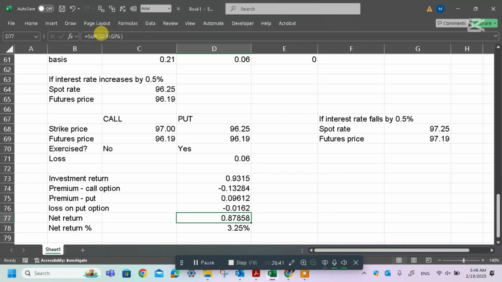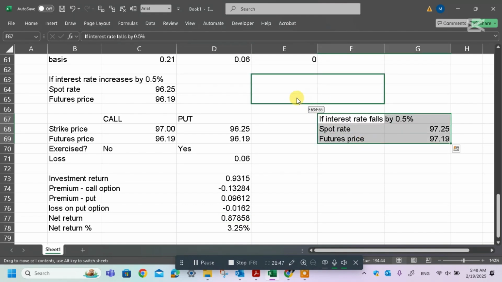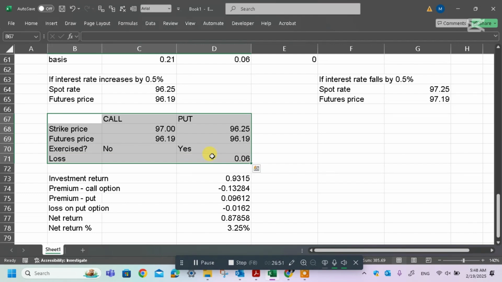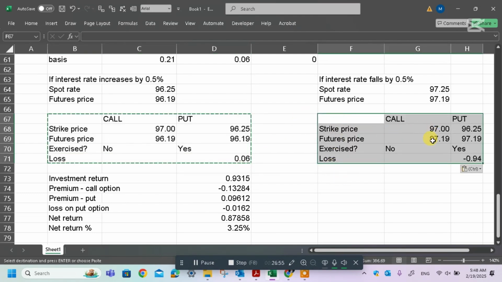Let's quickly do that for the other case. If interest rate falls by 0.5 percentage, let's take this. Strike price is same. Futures price I have to recalculate. Where did I recalculate? Here.